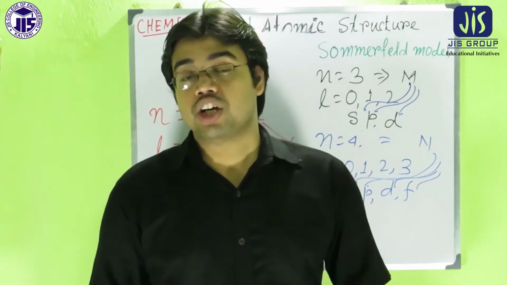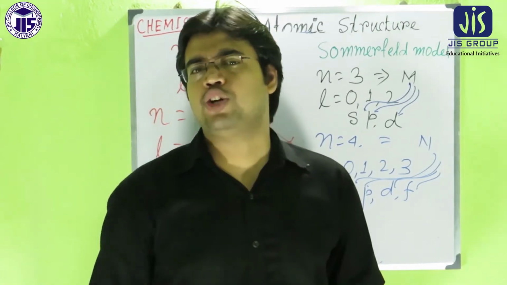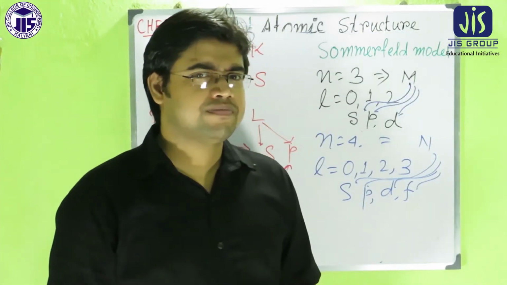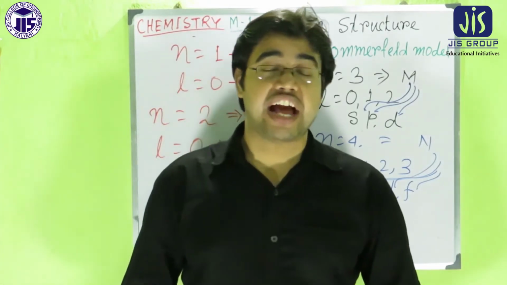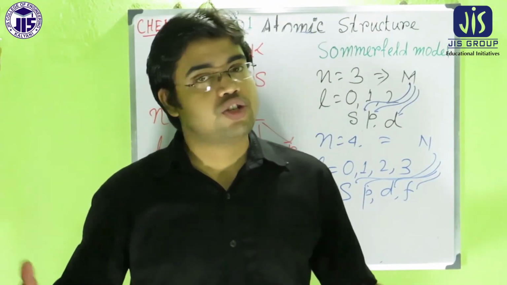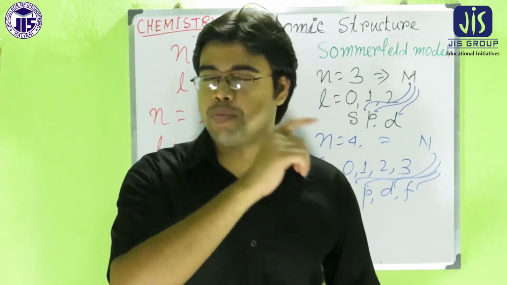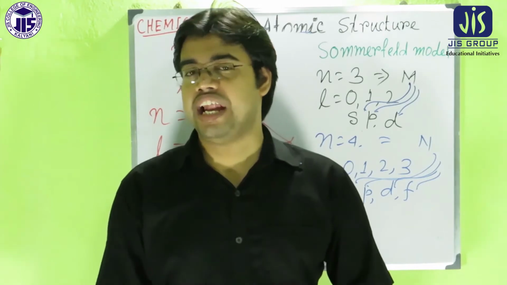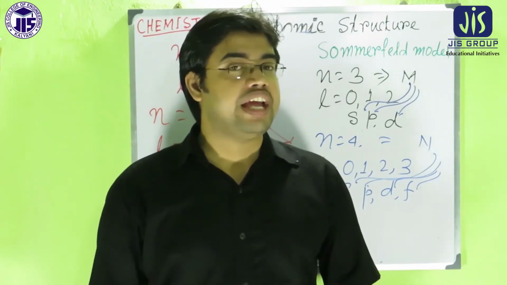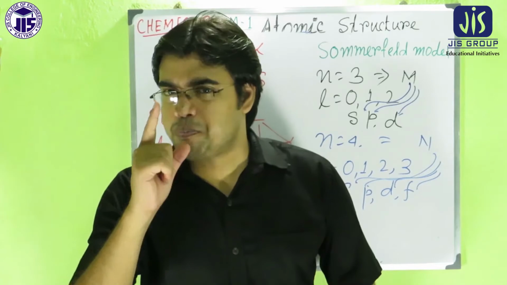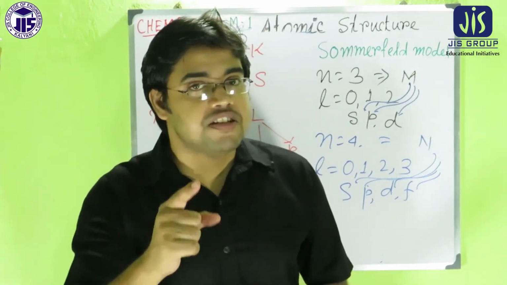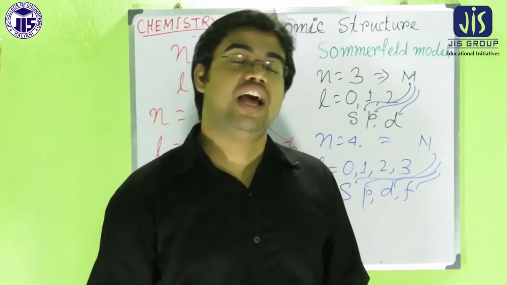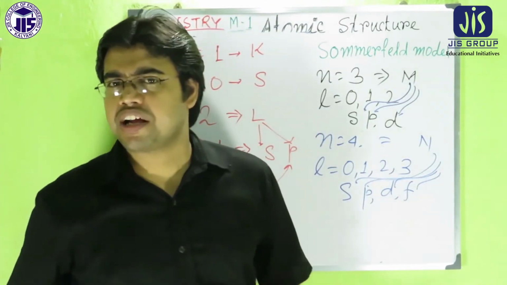Second drawback: the Sommerfeld model also considered a two-dimensional structure of the atom, but we know the atomic structure is actually three-dimensional. So that was also not explained. As the Sommerfeld model considered the particle nature of the electron, not the wave nature, it is unable to explain the Heisenberg uncertainty principle, like Bohr's model.